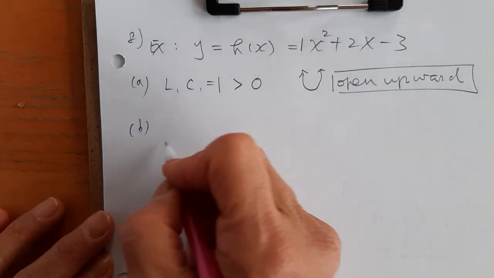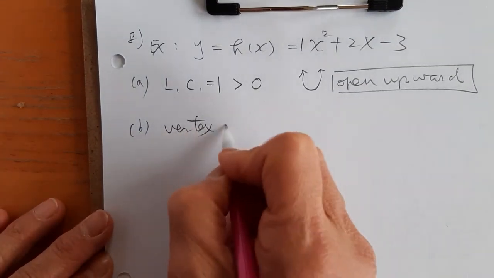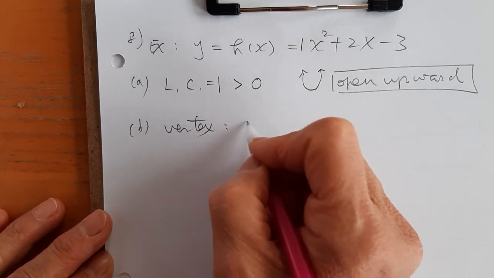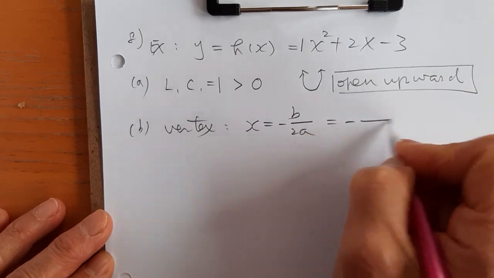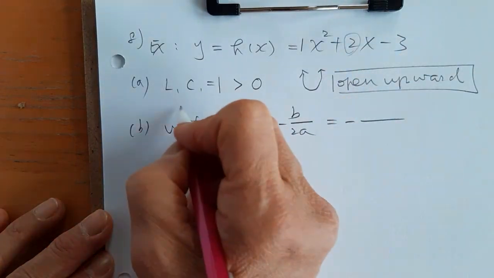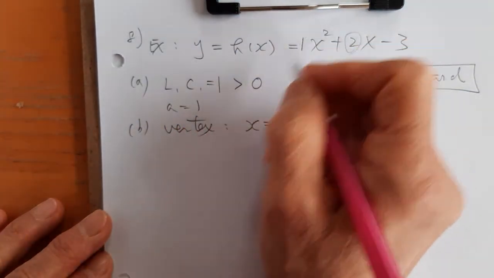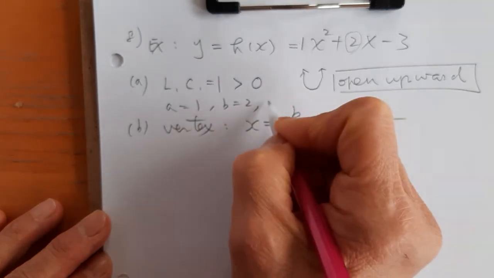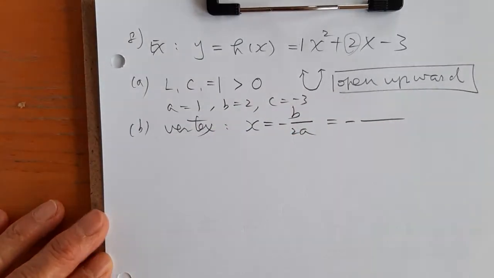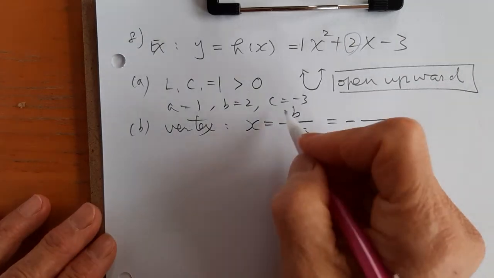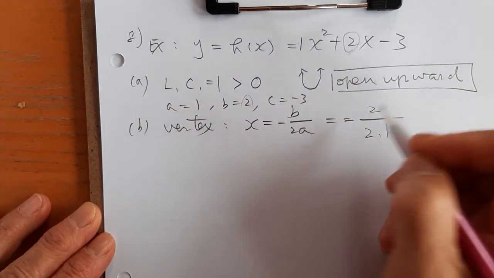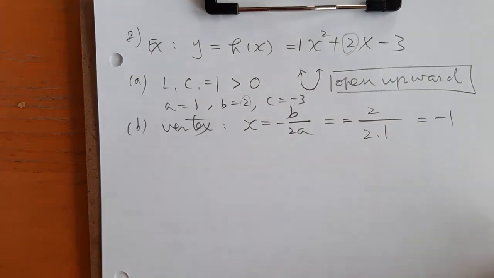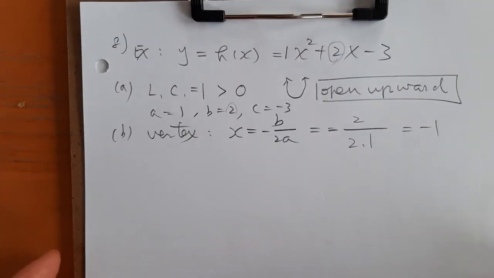Second one, find the vertex. By the vertex formula, the x-coordinate is negative b over 2a. B is 2, A is 1, C is negative 3. Plug in: negative b is negative 2, over 2 times a, and a is 1. So you get negative 1.